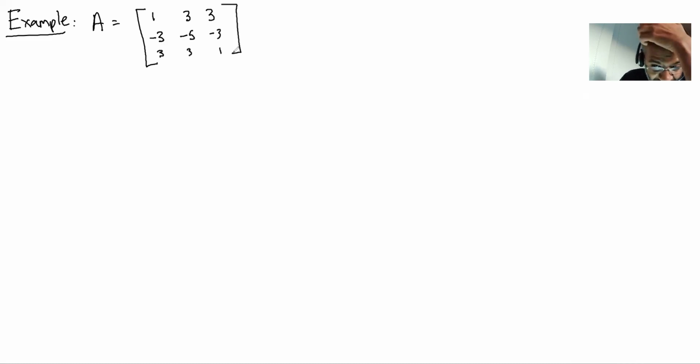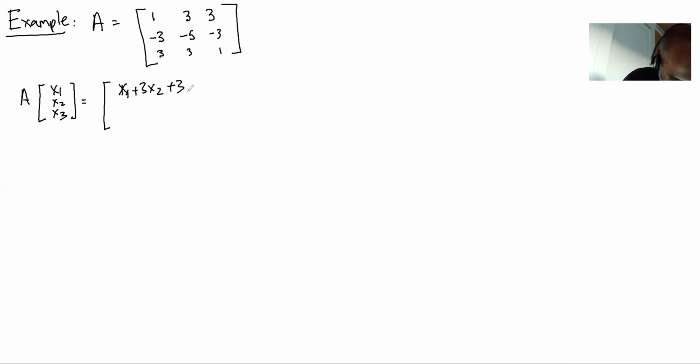Okay, so as a linear transformation, it's not so clear how to understand what this does, right? If you multiply this by x1, x2, x3, then what do you get? Well, you get x1 plus 3x2 plus 3x3, and then minus 3x1, minus 5x2, minus 3x3.